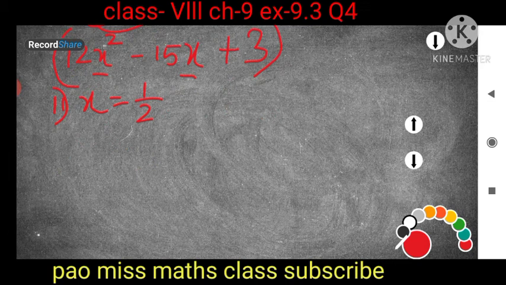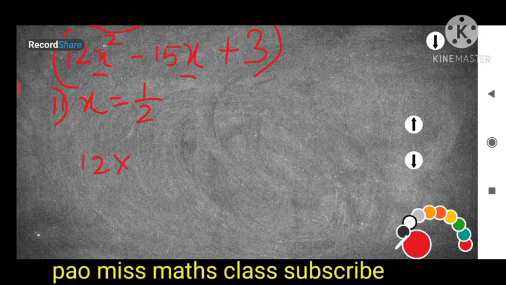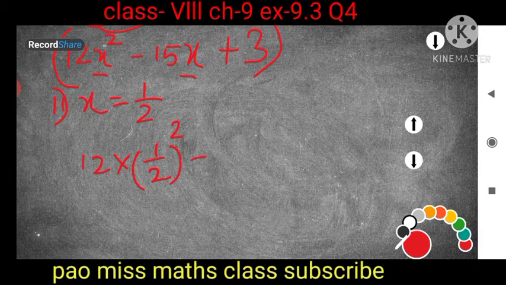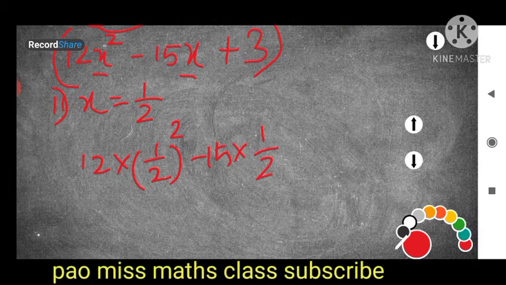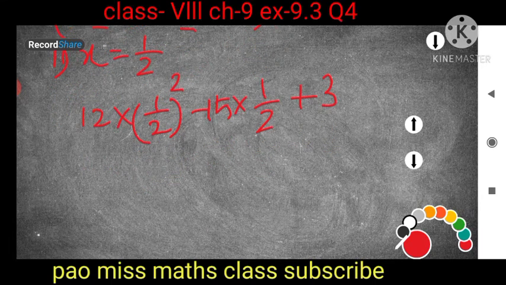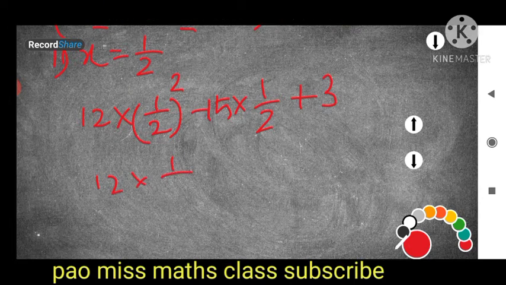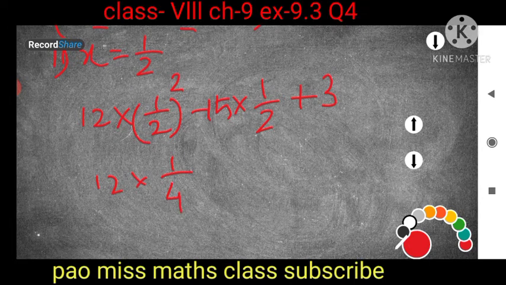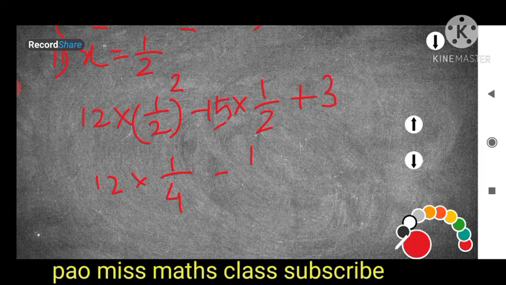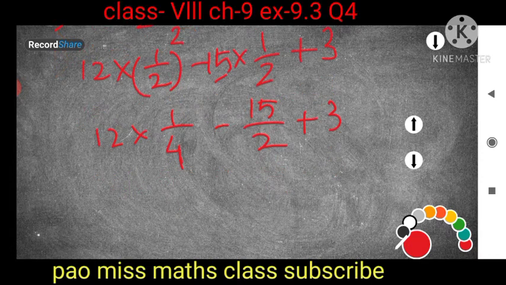So how will you put? 12 multiplied with (1 upon 2) to the power 2, minus 15 multiplied with 1 upon 2, then plus 3. Here it is square, isn't it? Square means 1 into 1 becomes 1, 2 into 2 becomes 4. Then minus 15 into 1, which becomes 15 upon 2, plus 3.